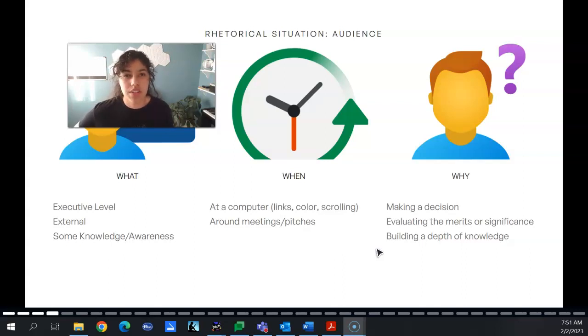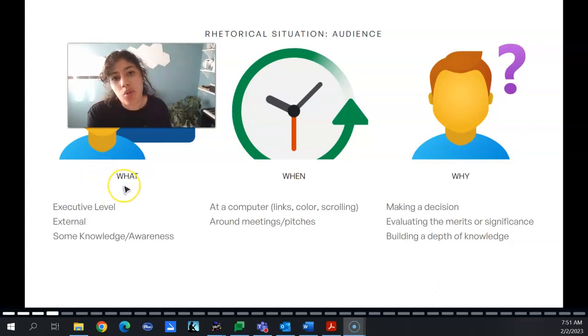White papers go by lots of names, but white papers tend to be seen as a much more direct, persuasive document of, this new service or process or technique is amazing and you should buy it. And so if you give somebody a white paper, they're trying to learn a lot more about your new product or your new lab technique or your new test standard to decide if they want to adopt it or not. So we always think about what, when, why when we're writing documents and doing things for people.